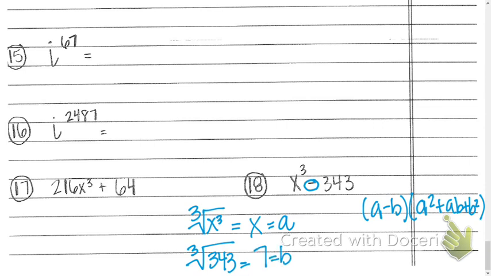And that equals B. So now you take that information and you plug it into this formula. And you get x minus 7, x squared plus 7x plus 49.